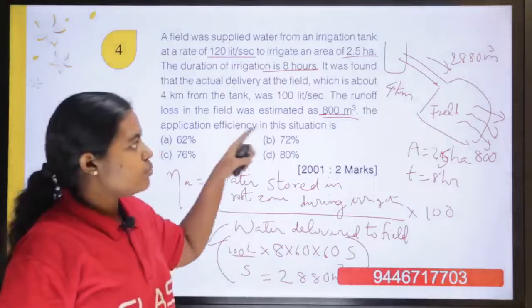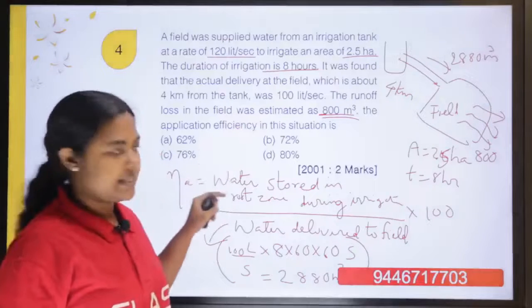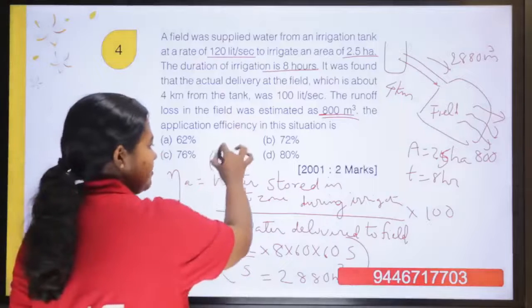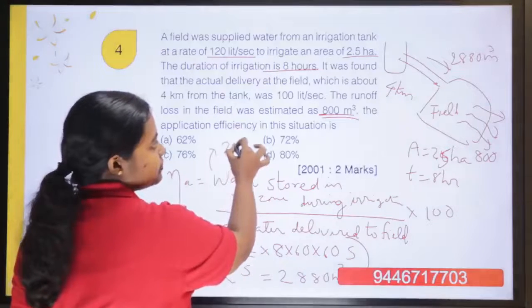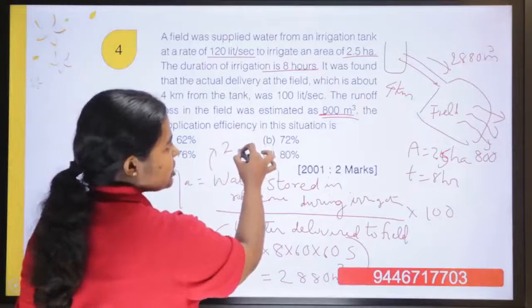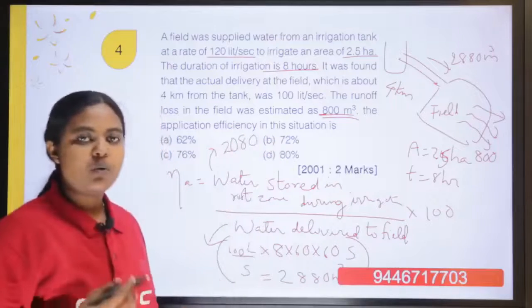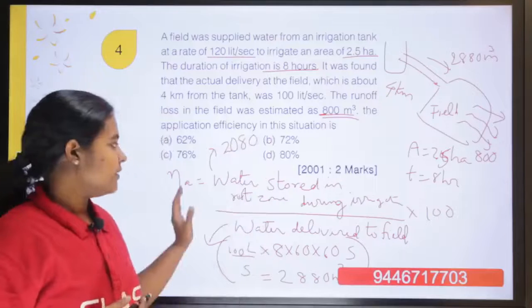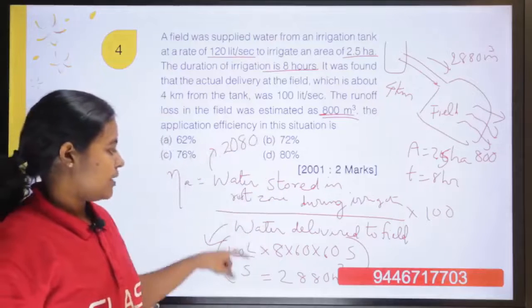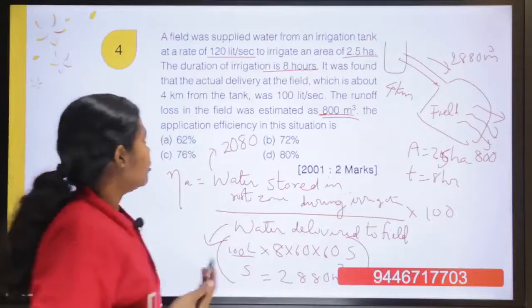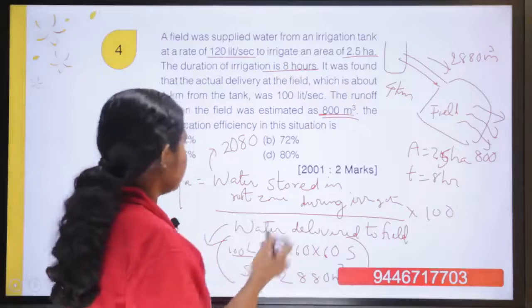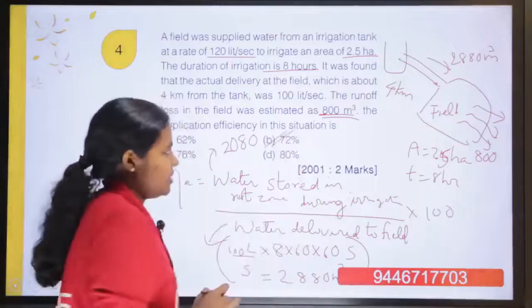It will be 2880 minus 800, which is 2080 meter cube. Okay, so water application efficiency will be given by 2080 by 2880 into 100, and the answer will come out to be 72%.